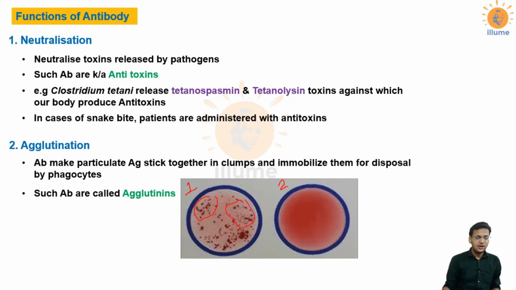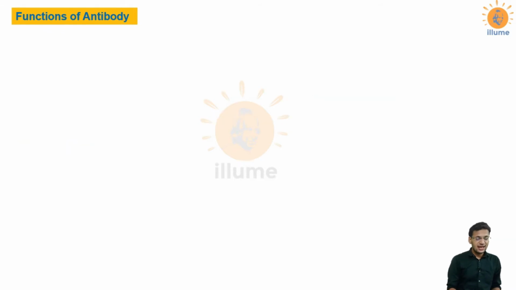Now as we all know, RBCs have antigens on their membrane. So if we allow them to interact with their specific antibodies, these antigens would produce agglutination, and hence RBCs would particulate. So this is called agglutination, and such antibodies are called agglutinins.